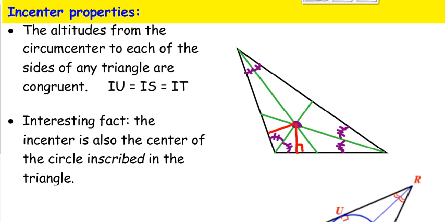I'm just trying to make it look like it's 90 degrees. Okay, and that's my vertical drop from that guy. And this guy almost looks like it might be 90 degrees already, so I'm just going to go with that. The property of the incenter says that the three altitudes dropped from the incenter are congruent. So for example, if this is 2, then this other guy has to be 2, and this other red guy has to also be 2.